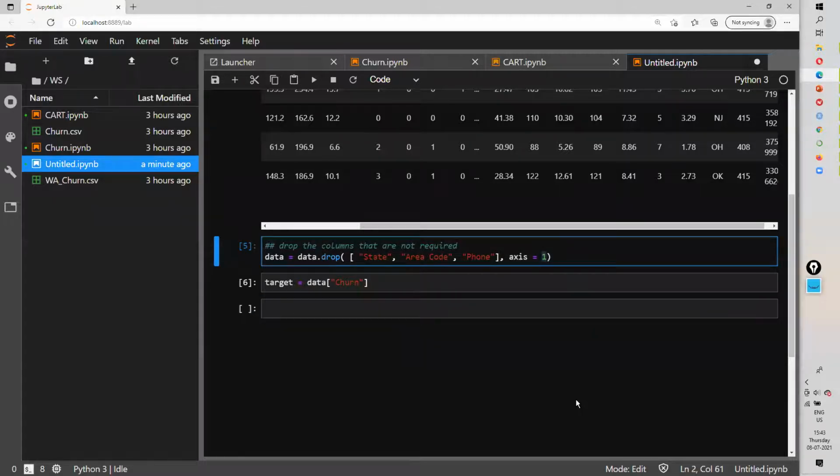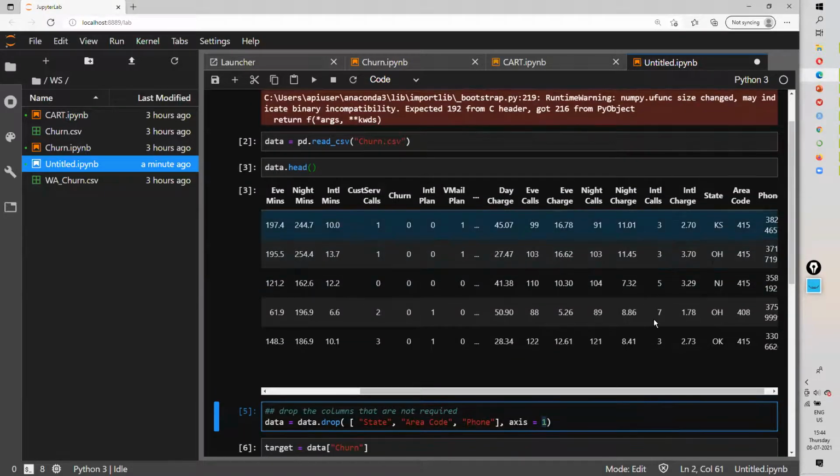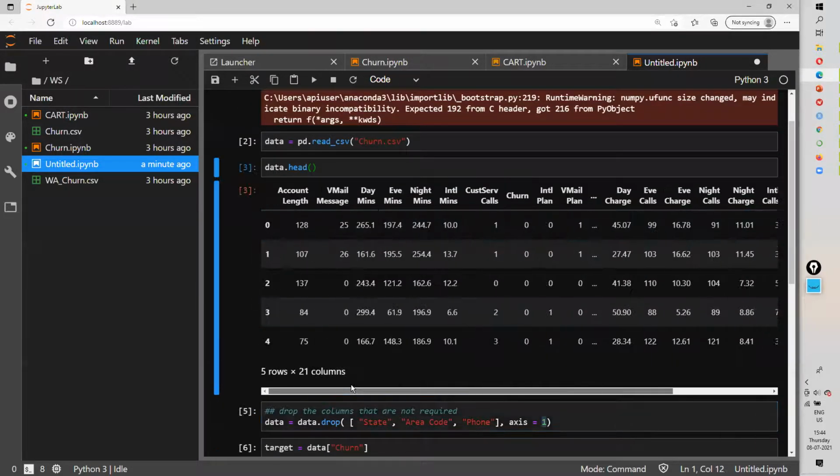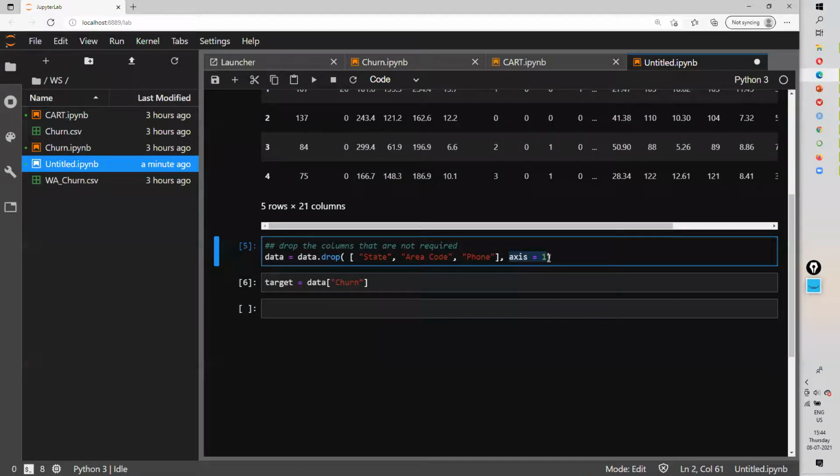Axis equal to 1 means when we are dropping, we are dropping a variable or we are dropping a row. So a data frame is like a table, right? When we do some operations on this table, it's called a pandas data frame. We can either drop this first row or this first column. If you are dropping the column, then you have to say axis is equal to 1.